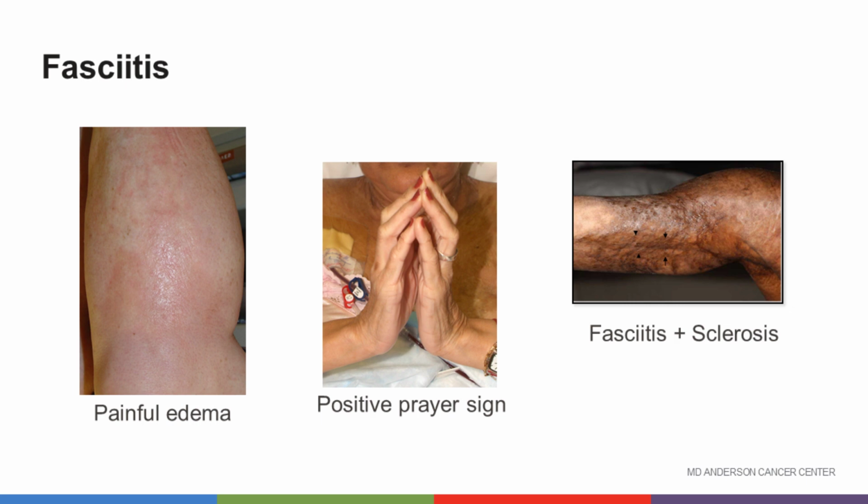And occasionally, you can get fasciitis and have scleroderma hidebound skin, and that's what you're seeing in my picture on the far right side. You see the hyperpigmentation, the hidebound skin, but you also see a linear area in the bottom of the arm, which is fasciitis. It's inflammation over the insertion of the tendon. So it can look a variety of ways.